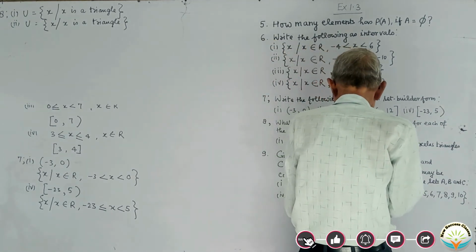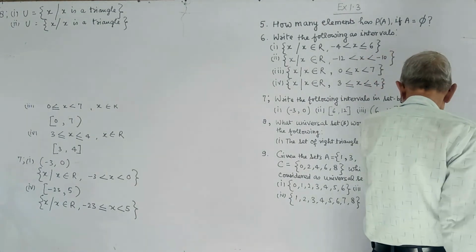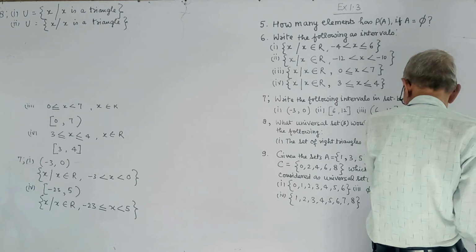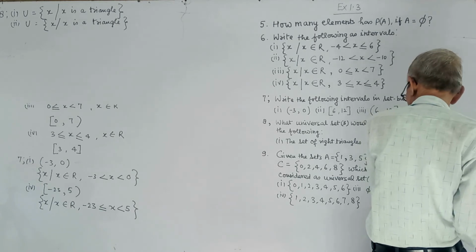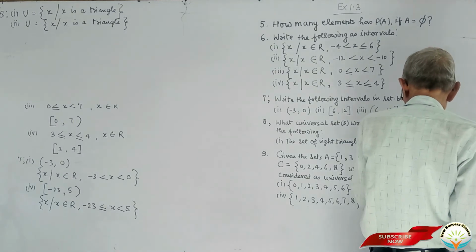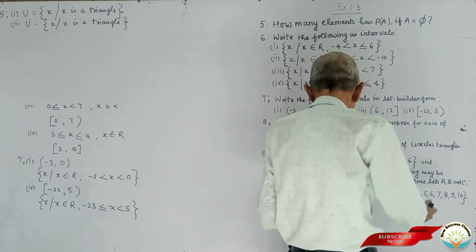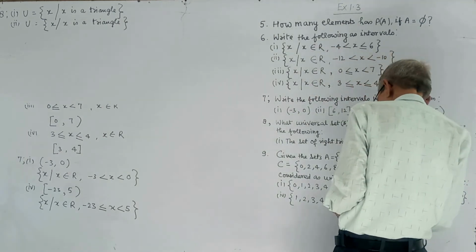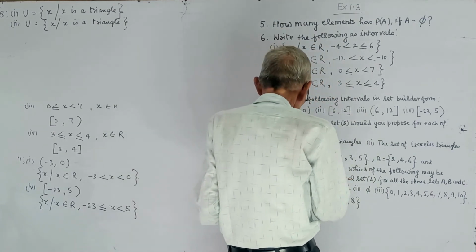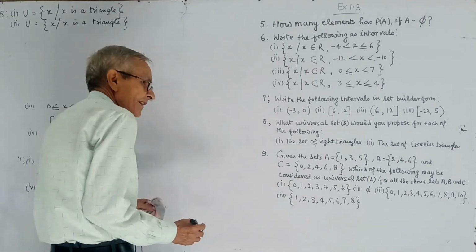Then 0, 1, 2, 3, 4, 5, 6, 7, 8: 8 is here. 1 is here, 3 is here, 5 is also here, 2, 4, 6 is here, and 0 is also here. So you can take this. And in the fourth set, 0 is not there.